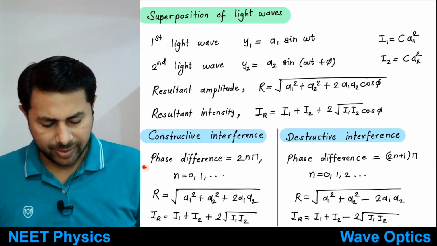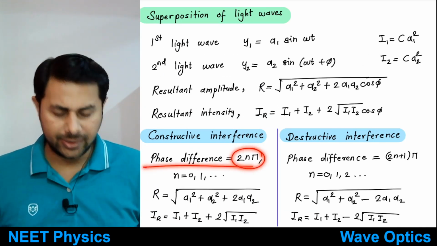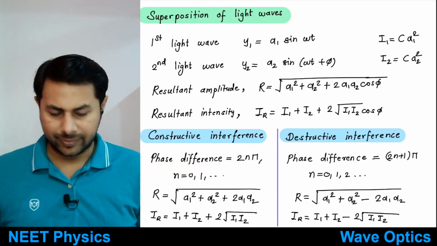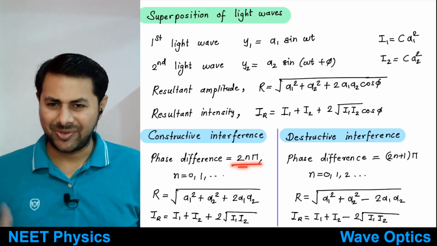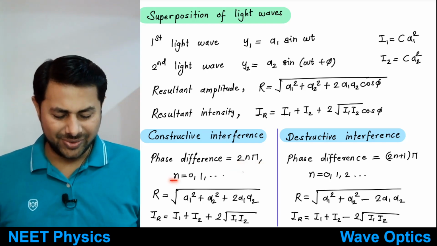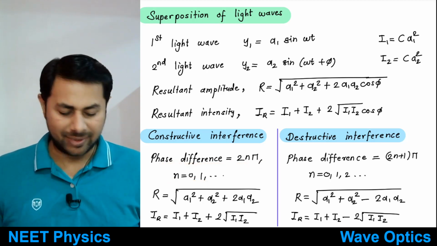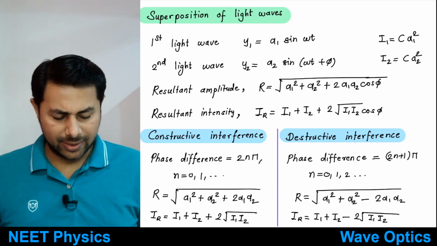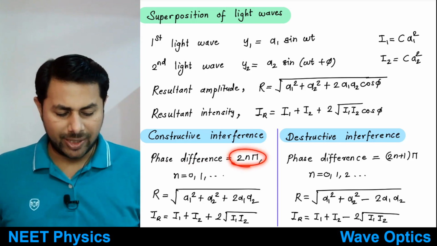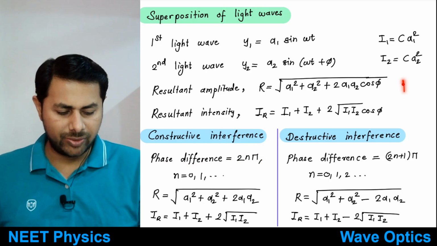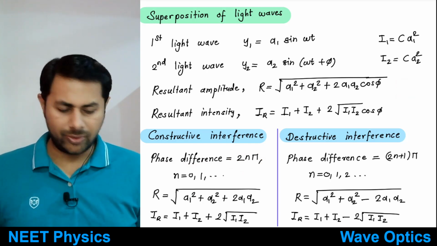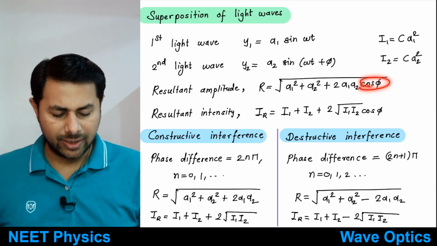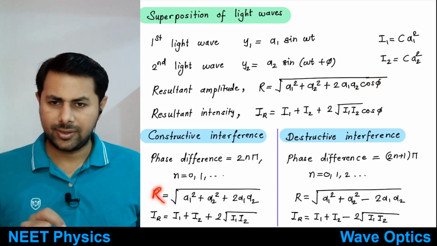So for constructive interference, the phase difference is an integral multiple of 2π, with n = 0, 1, and so on. The phase difference is 2nπ, and therefore cos of 0, 2π or 4π is equal to +1, and therefore what would be the resultant amplitude?